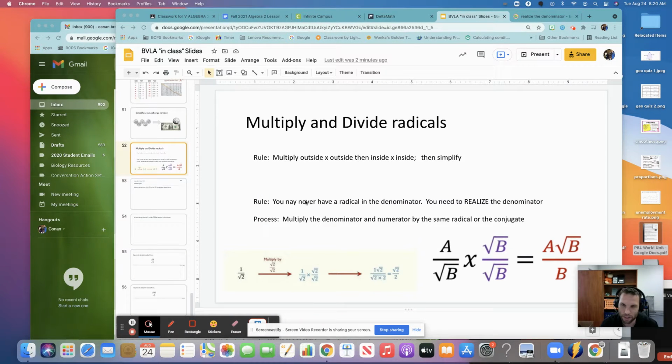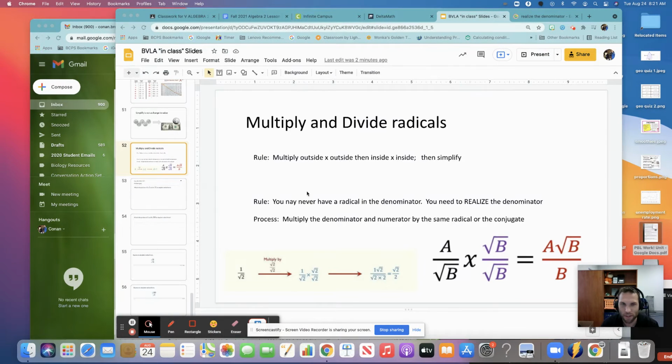You're not changing the value of the fraction, you're just finding a way to manipulate it where the denominator does not have a radical in it anymore. And the way you do that is you multiply by the same radical, because, for example, the square root of 2 times the square root of 2 is 2. So it takes the radical away.